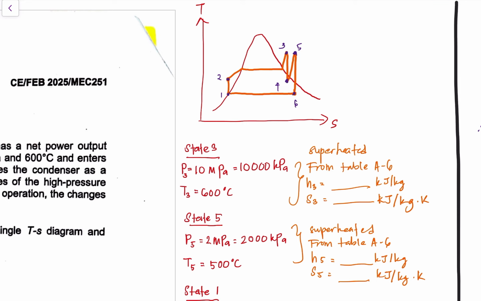So you can find the enthalpy and entropy for state 3 from table E6. Also at state 5, if you do the characterization, it is in the superheated state, then you can find the enthalpy and also the entropy for state 5 from table E6.